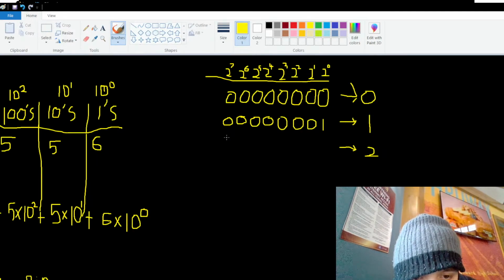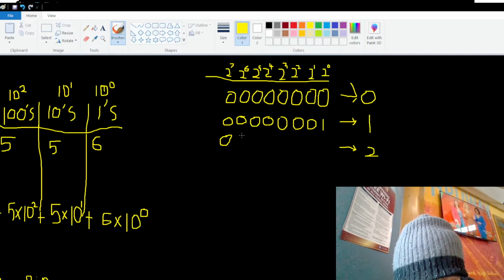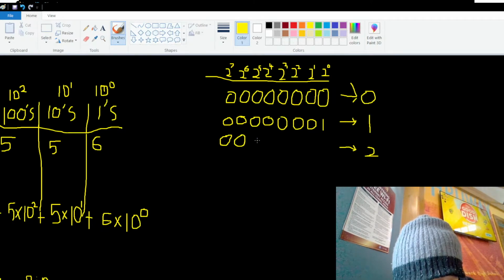So that's going to be a 0. So 128 does not go into 2, right? So 2 to the 6th, that's 64. Does 64 go into 2? No. 2 to the 5th, that would be 32. Does 32 go into 2? No. So it's almost like a switch. You shut that off. You don't need it.